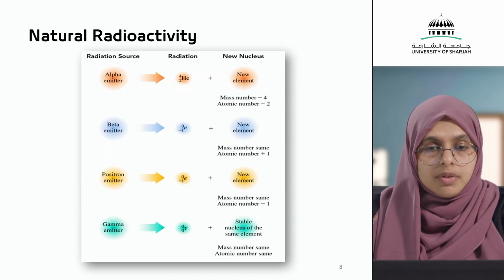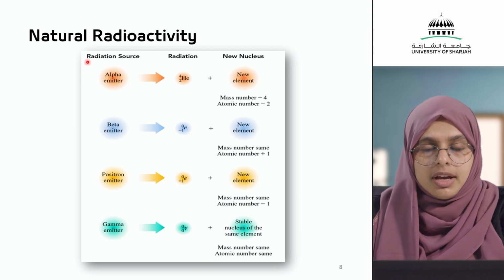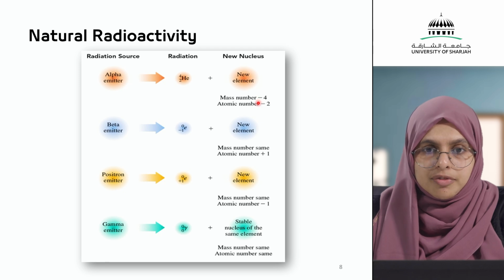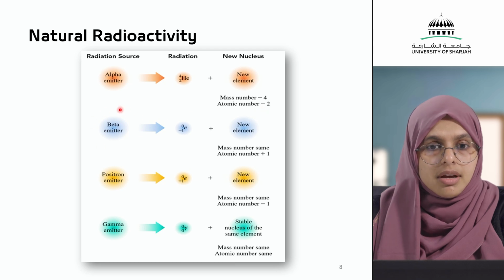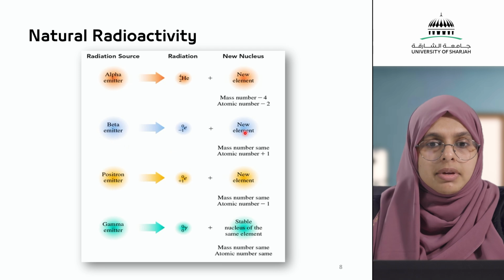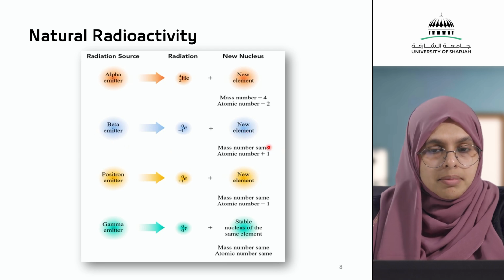Now let's summarize what we have learned so far. If the radiation source is an alpha emitter, the new element mass number will be decreased by 4 and the atomic number will be decreased by 2. If the radiation source is a beta emitter, the new element mass number remains the same and the atomic number will be increased by 1 unit.